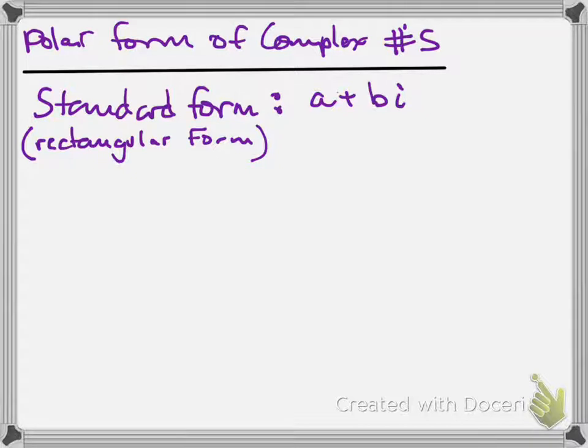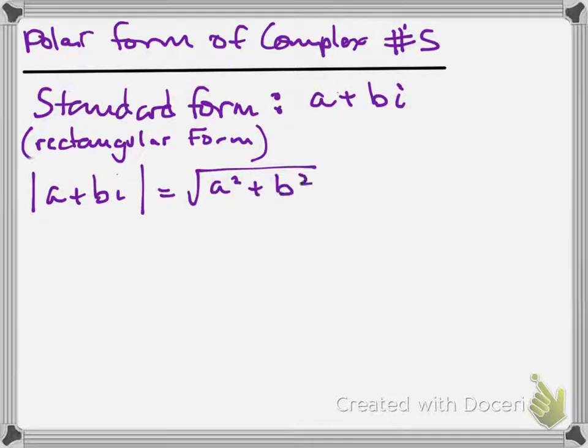So you'll see this in complex number theory. This is one of the confusing things about working with complex numbers and vectors, is that there are a lot of different names for the same thing. For example, the absolute value of a complex number, the absolute value of A plus BI, which we said is the square root of A squared plus B squared, is also called the radius.